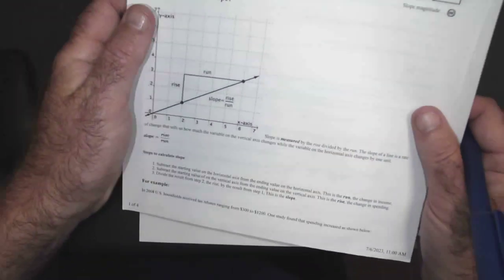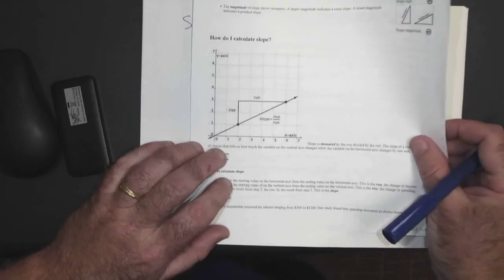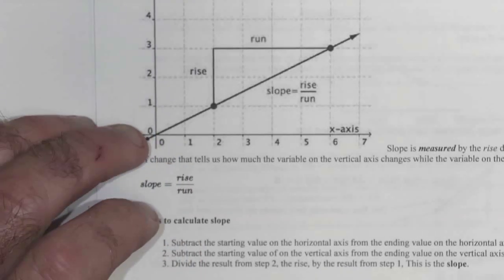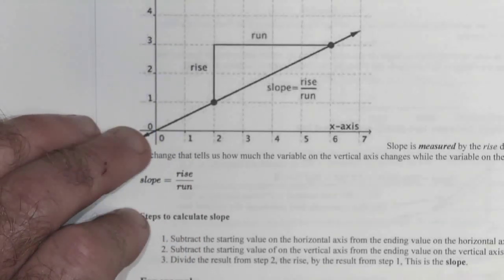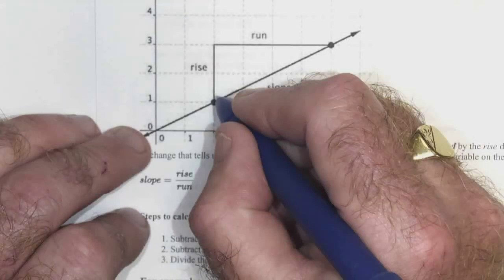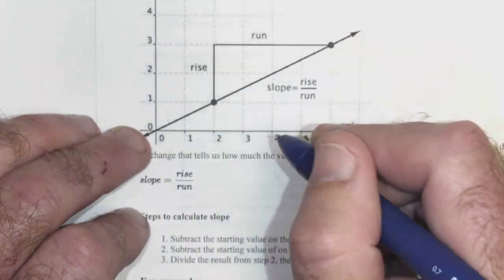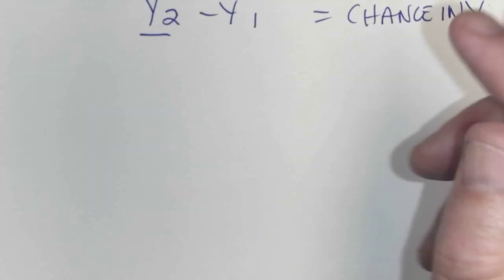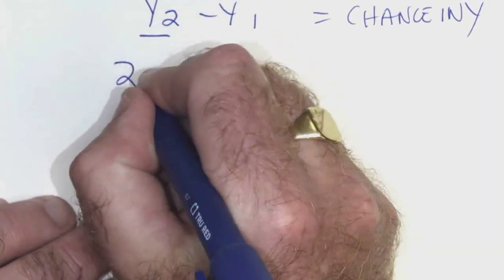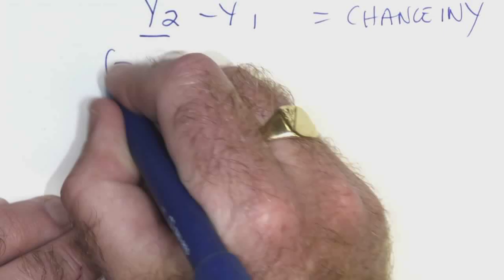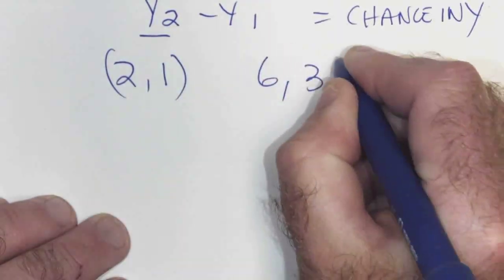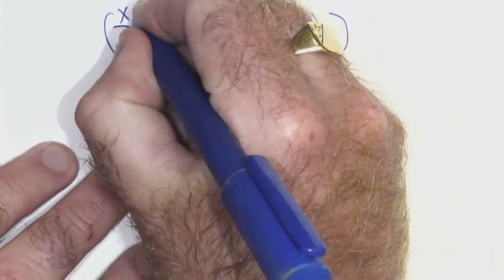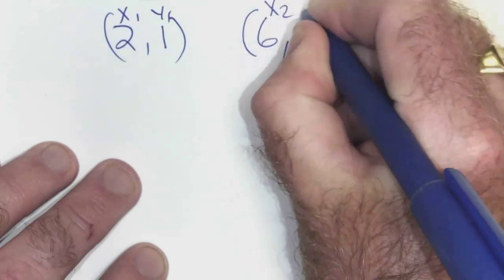I'm going to show you a problem here. We're going to make this a bit bigger. What we have here are two points: (2, 1) and (6, 3). Suppose you have two sets of coordinates, x1, y1, and x2, y2.